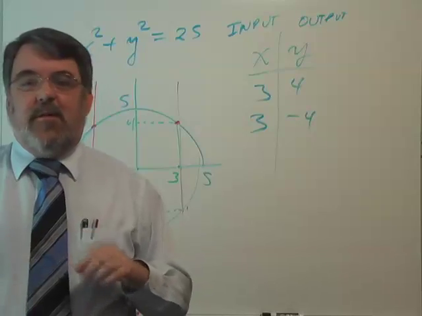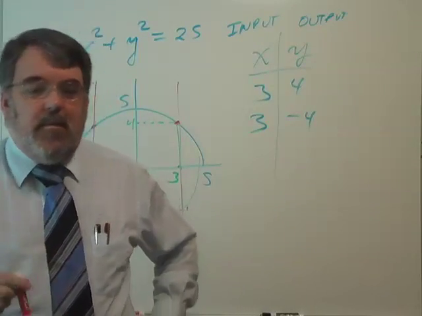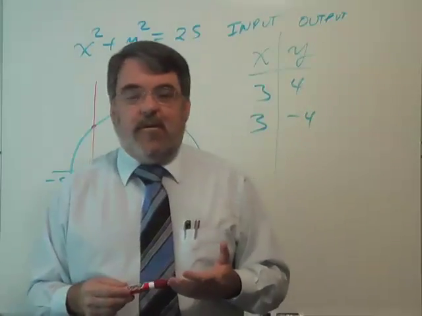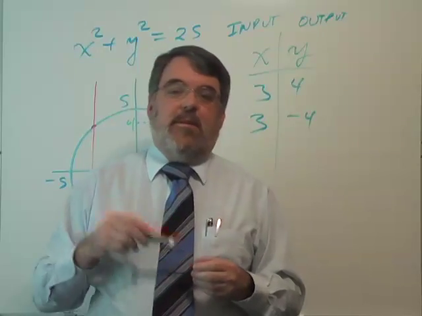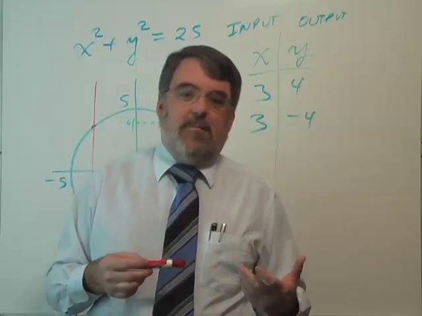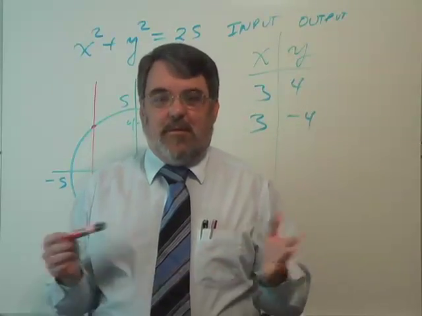So that disqualifies it as being a function. Okay, well, our next topic is the notation for functions, and that's really what it's about in this course, is learning the notation. But I think it's important to understand a little bit of the why are you doing this business. So anyway, we'll go on to that next topic.